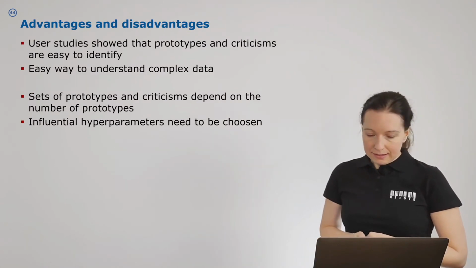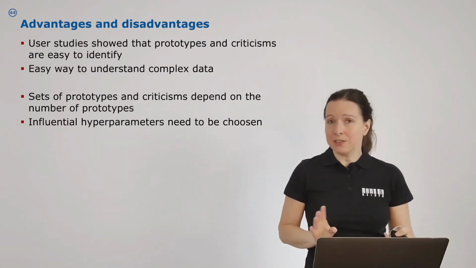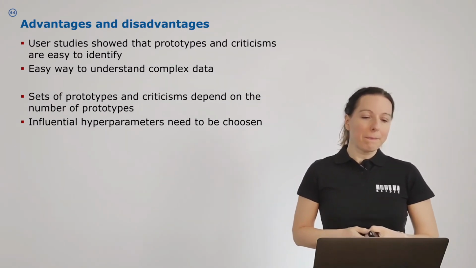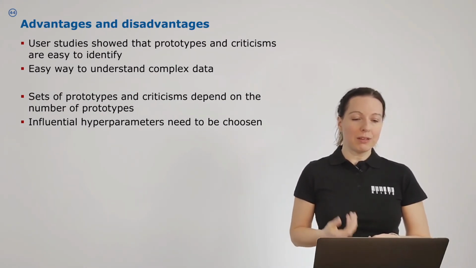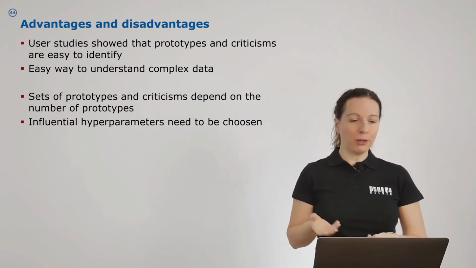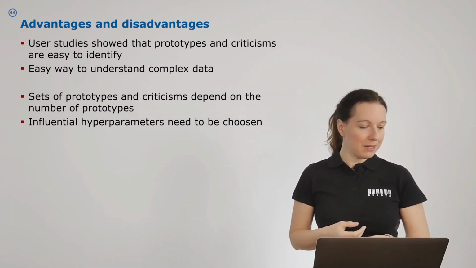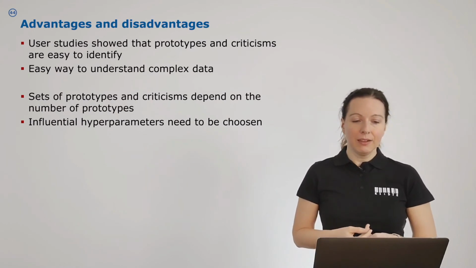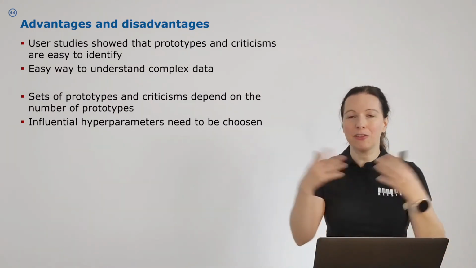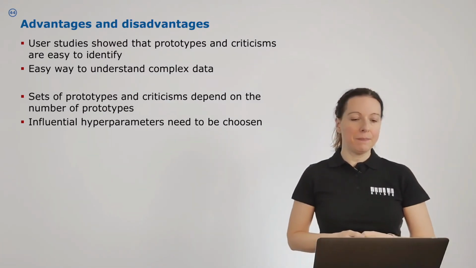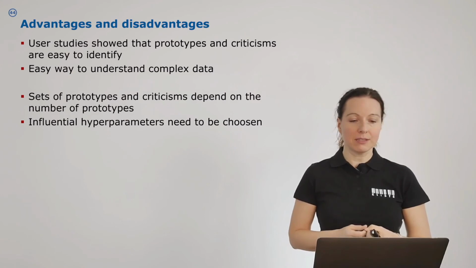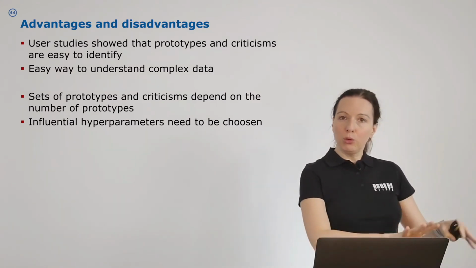So let's talk a bit more about advantages and disadvantages. User studies show that prototypes and criticisms are easy to identify. That's good. What has been done is, when you have a million images, you select prototypes and criticisms, and you give them to users.